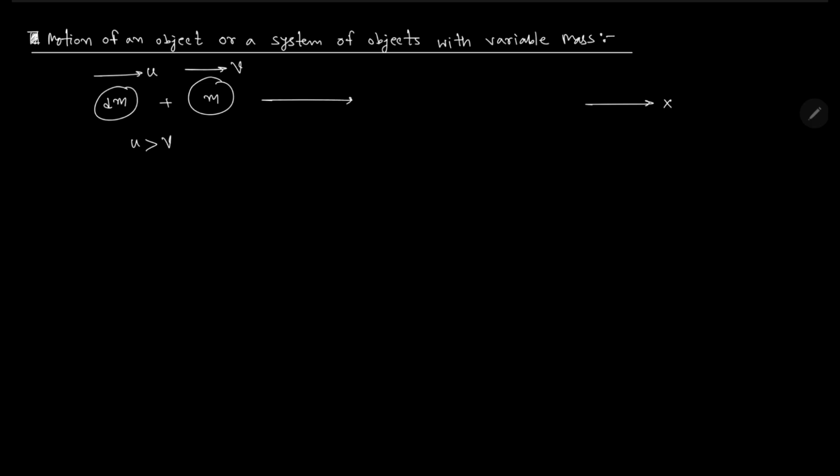then at a certain point of time, these masses are going to collide with each other. And if this collision is completely non-elastic, then these masses will get stuck with each other and form a bigger mass, let's say dm plus m. And this combined mass will have a combined velocity, let's say v plus dv.